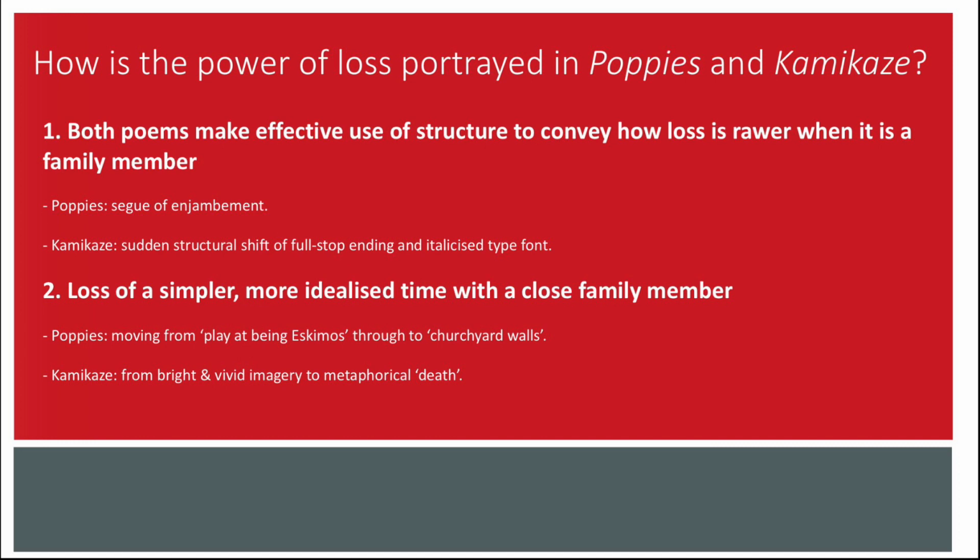And this idealised childhood innocence, without us being aware, because of this drifting enjambment, because of this gentle segue that takes us on a path without us necessarily noticing, is corrupted or is certainly in huge contrast to the end, when we find that the speaker of the poem is skirting the churchyard walls.